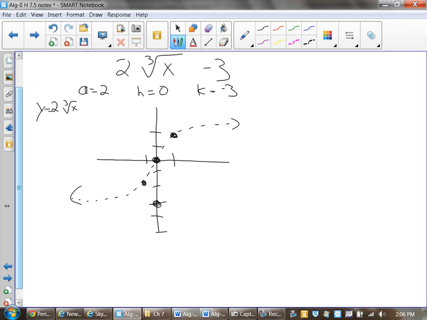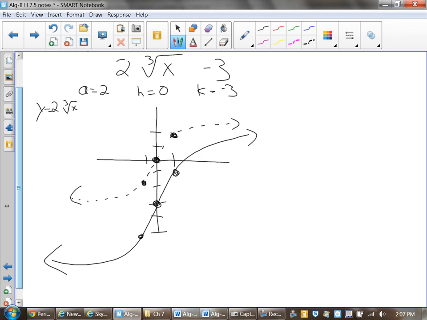This would be at negative 5. This would be at 1, negative 1. And I make it solid. And there's my shift. Make sure you graph both parent and shift.